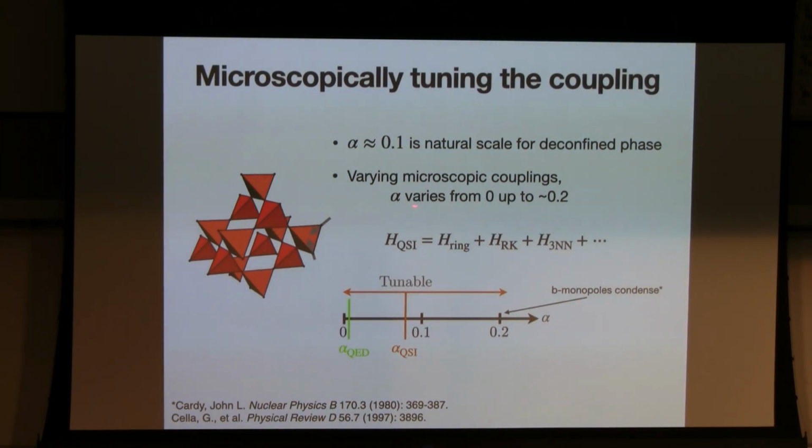If I vary microscopic couplings, and I have various other terms I can turn on and vary, I can vary alpha, because it is much like the stiffness in a Luttinger liquid in 1+1 or Kosterlitz-Thouless. It's actually a marginal parameter, and the field theory is well defined for any alpha. And so it can vary as I vary microscopics.